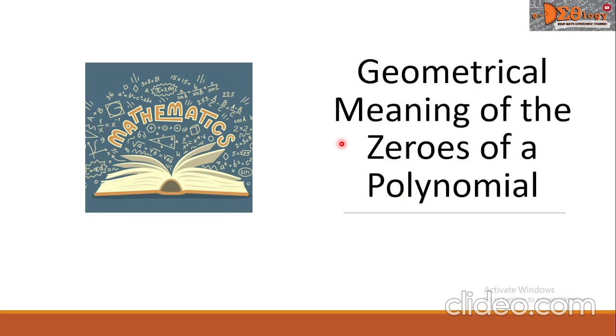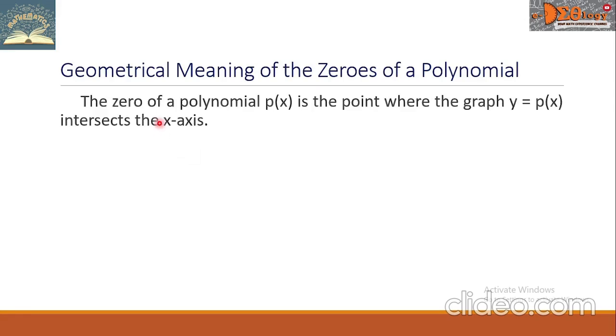Hi everyone. Today we're going to study the geometrical meaning of the zeros of a polynomial. The zero of a polynomial p of x is the point where the graph y equals p of x intersects the x-axis.